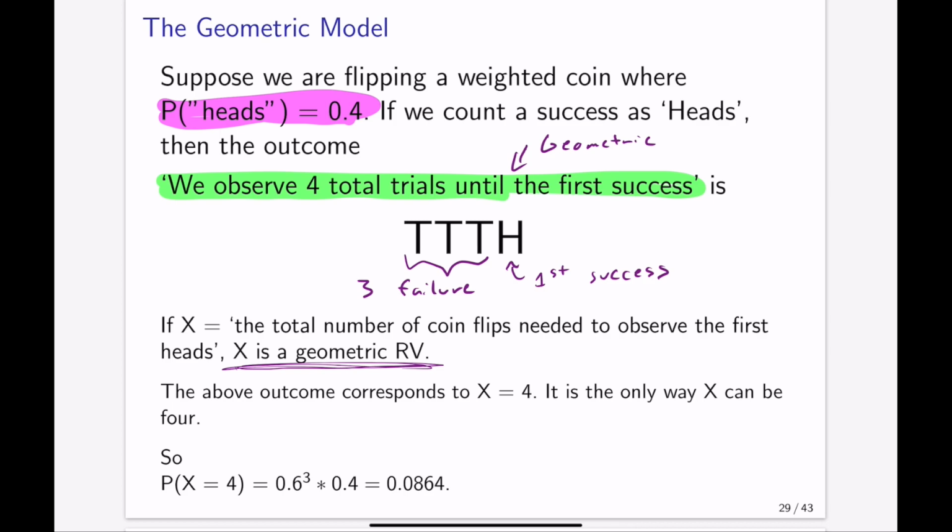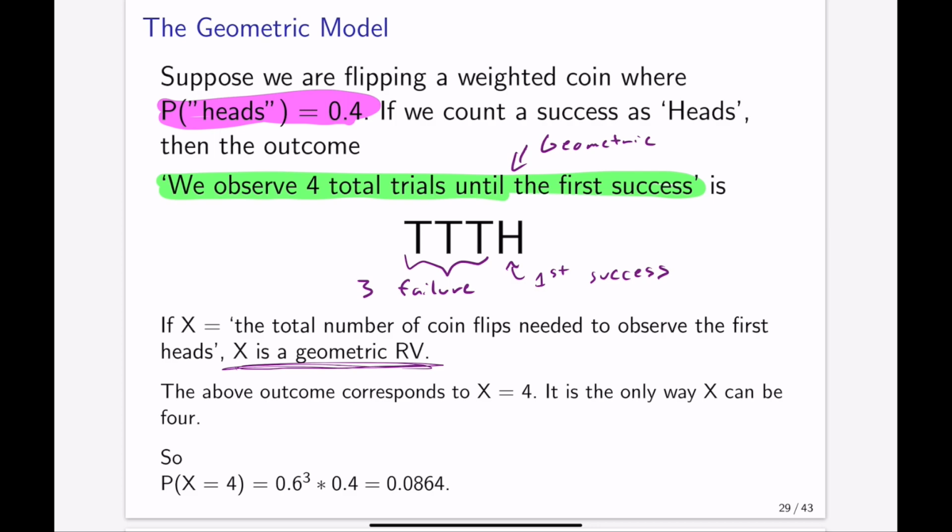A binomial random variable would be something like the number of heads out of 7 flips, or the total number of heads out of 10 flips. And geometric calculations are actually slightly easier than binomial because there's fewer ways that they can happen.